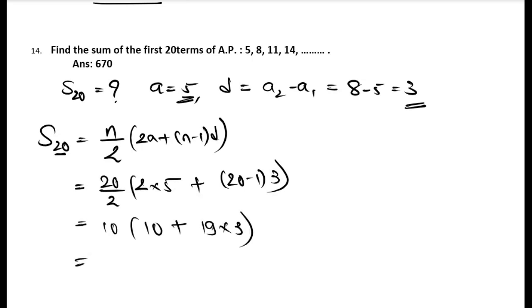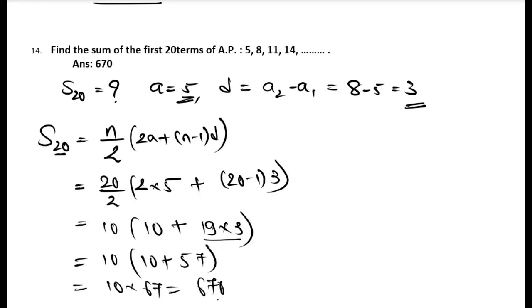Now be very careful because you have to apply BODMAS here. Inside the bracket, first you will carry out multiplication of 19 into 3, then you will add the answer to 10. So 10 bracket 10 plus, what is 19 threes? 57. So 57 plus 10, 67, into 10, 670. So the sum of first 20 terms of this AP is 670. Next question.